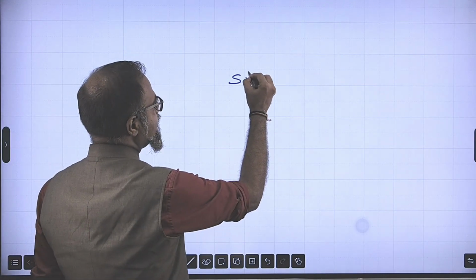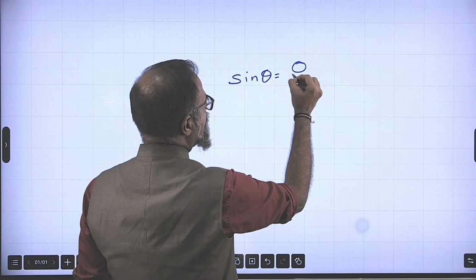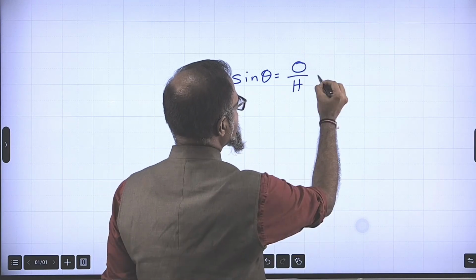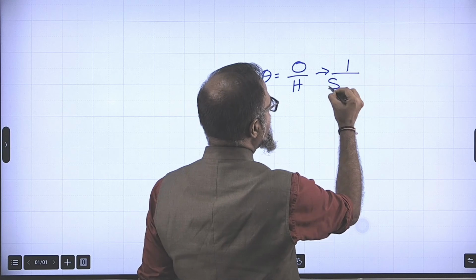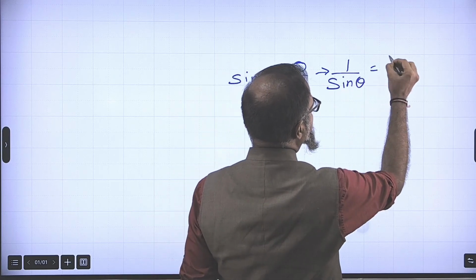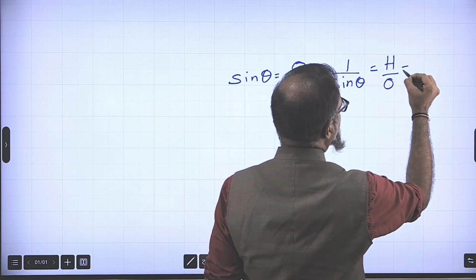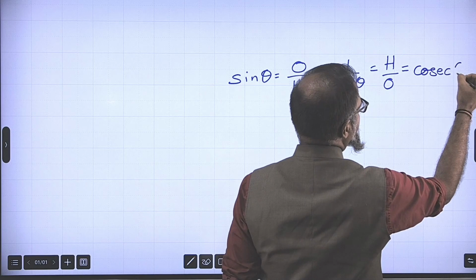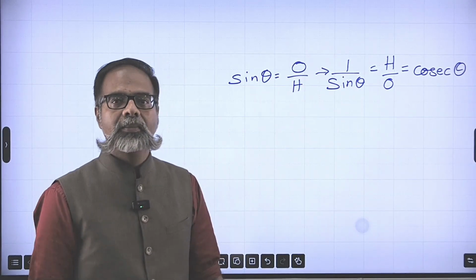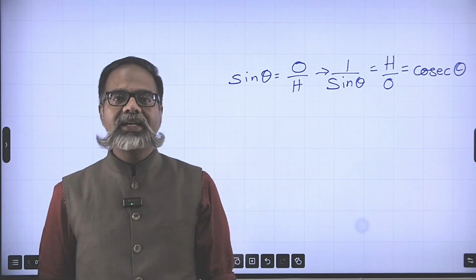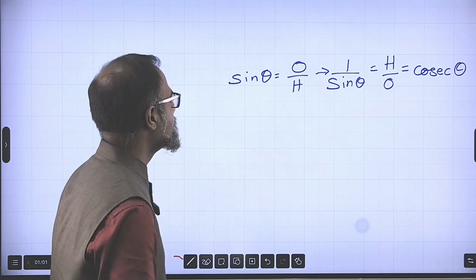So if I say sine theta is opposite upon hypotenuse, then 1 upon sine theta, which is the hypotenuse upon the opposite, is defined as cosec theta. So 1 upon sine theta is cosec theta.